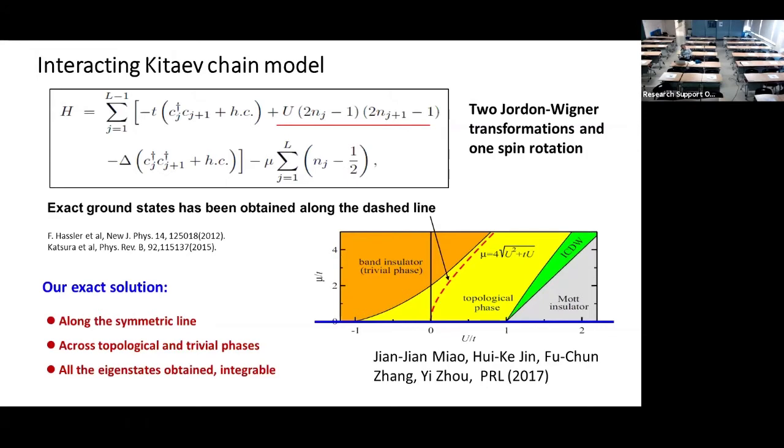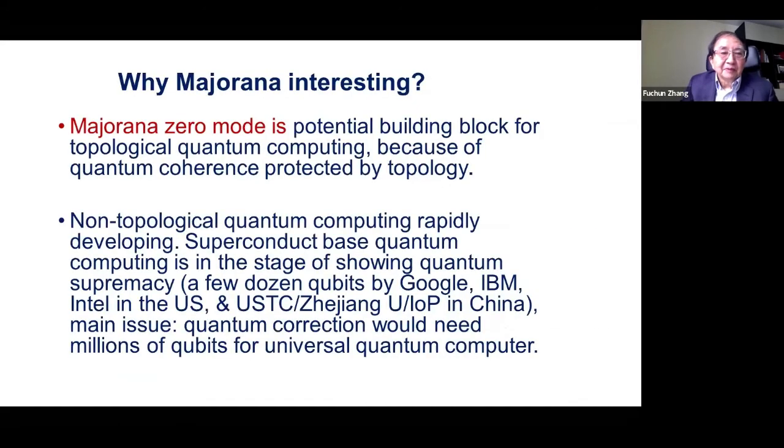Okay, so maybe I continue. The question is why Majorana particles are interesting. From the basic science point of view, if an elementary particle is proposed but not found in nature, and you can find it in a condensed matter system as an emergent particle, of course it has some interest from an academic point of view.